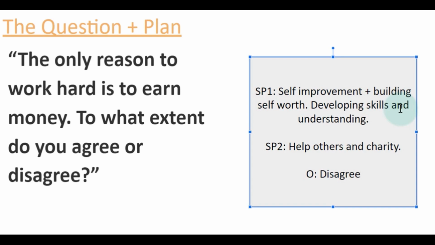That would affect my task achievement score, which would mark me lower. So I need to really stick with one idea, with one main point. Either agree or disagree, not both, because then you would score really low in terms of task achievement. You've not completely answered the question.